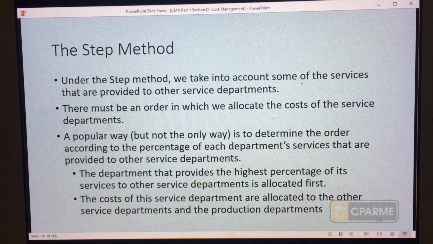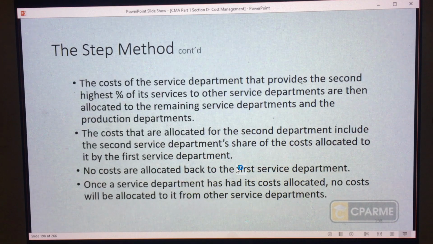The department that provides the highest percentage of services to other service departments has to allocate its cost first. Then the cost of the service department that provides the second highest percentage of its services to other service departments is allocated. These costs are allocated to the second department, including, of course, the allocated cost and the cost of that department.